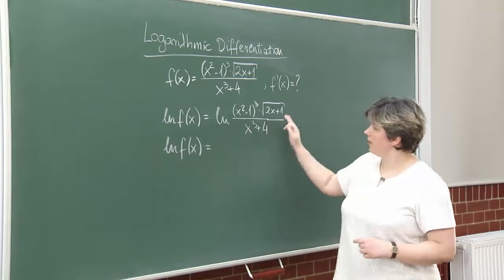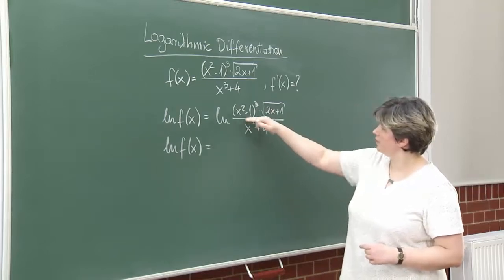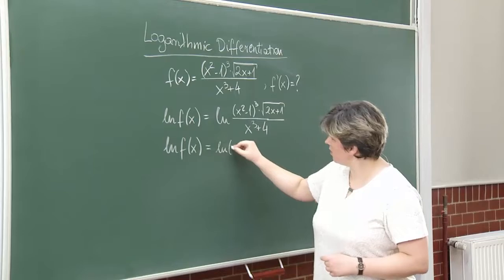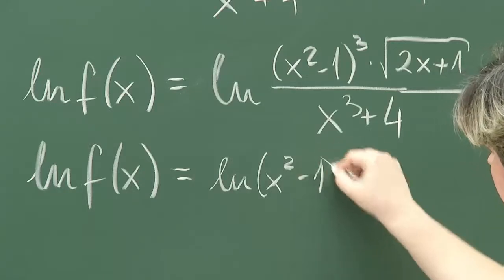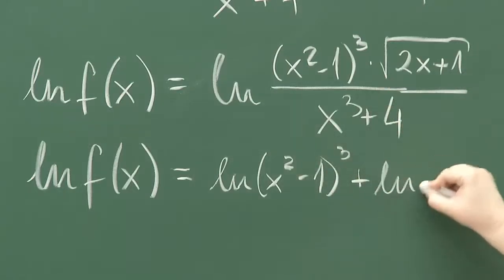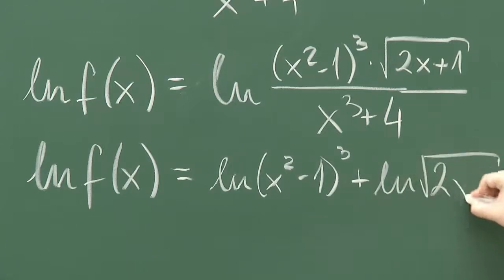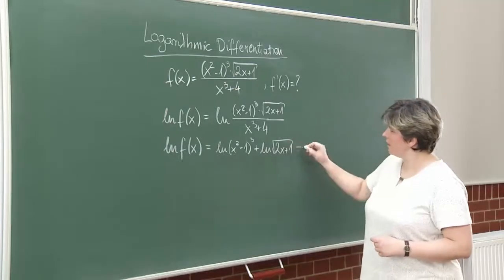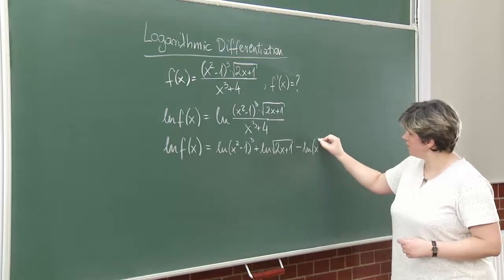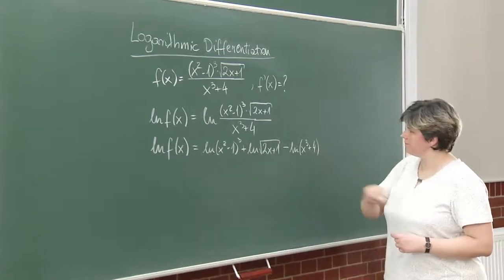Here on the right, I have a product of two functions and then a quotient, which means I will get natural log of the first expression, plus, because I have a product, natural log of the second expression, minus, because I have a quotient, natural log of the third expression in the denominator.